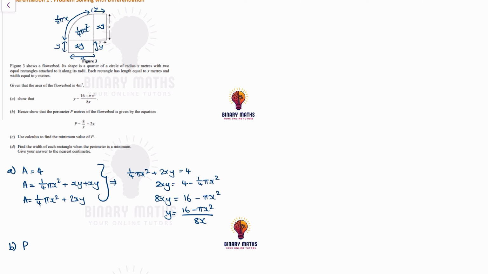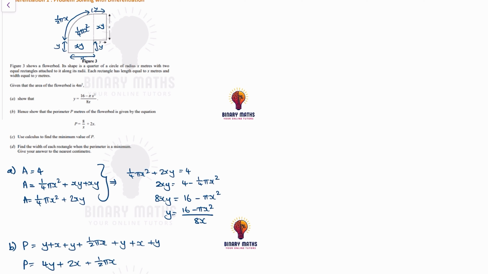So the perimeter is going to be y plus x plus y plus half pi x plus y plus x plus y. If I collect the like terms, I get 4 lots of y plus 2 lots of x plus half pi x.